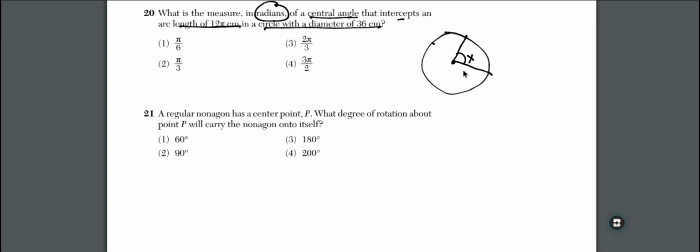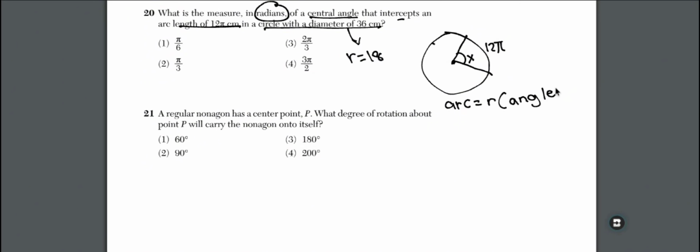So, my arc length is 12 pi with a diameter of 36, so I know that the radius is 18. And I'm going to apply my formula of arc equals radius times my angle.